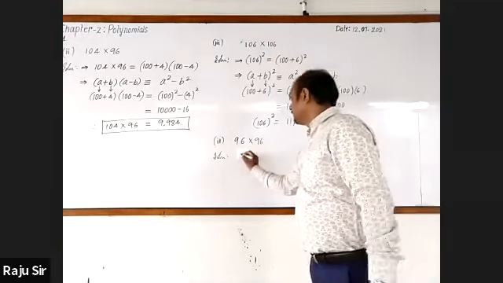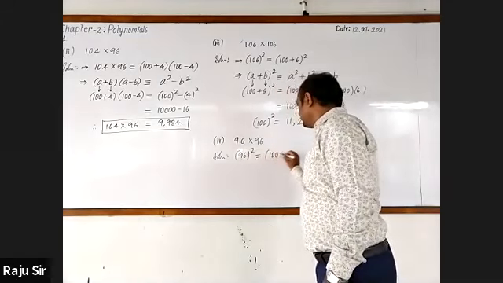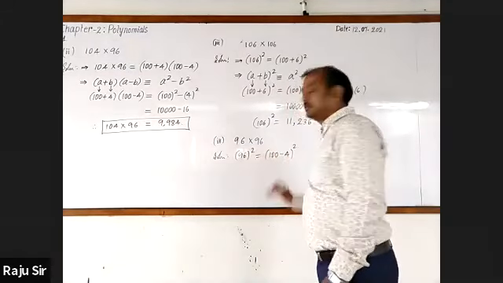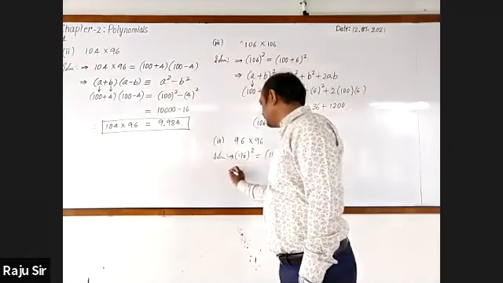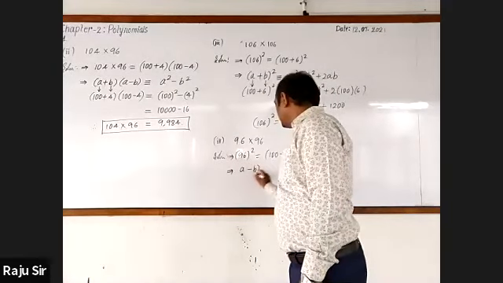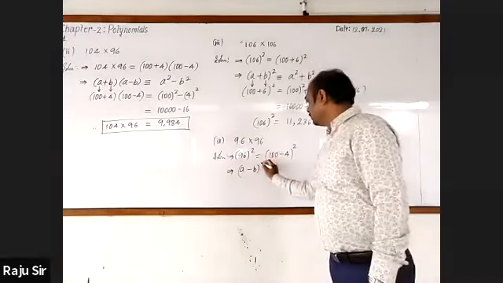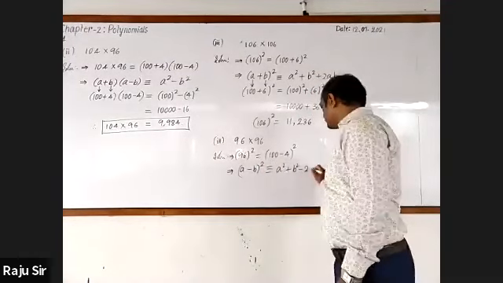I'm not going to explain anything, just I'm writing. A minus B whole square is exactly equal to A square plus B square minus 2AB.